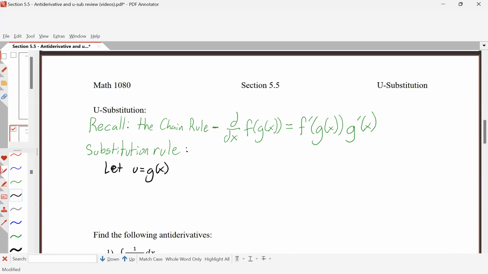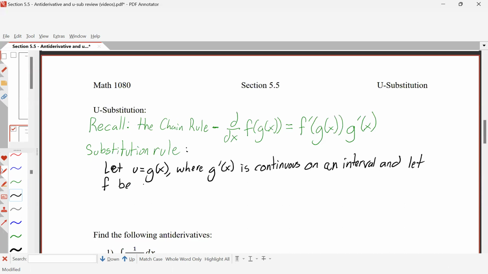Let u be an inside function where the derivative of g is continuous on an interval, and let f be continuous on the corresponding range of g.